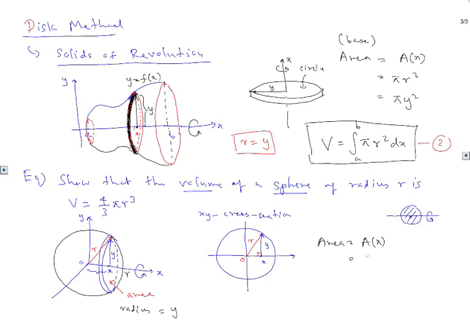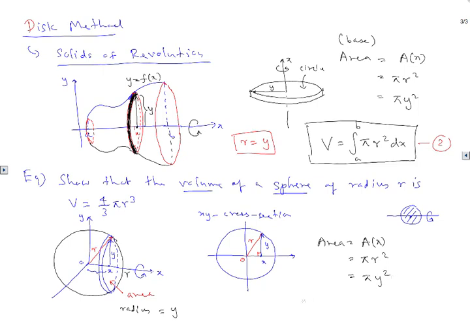So this is pi times the radius squared. What's the radius of this disk? It's y. Radius is y, so it's y squared. Very good. Then you can write the integral.